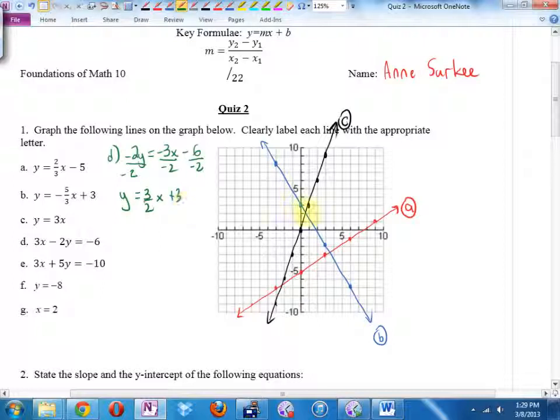This has a y-intercept of positive 3, and it goes up 3 over 2. It looks like this. We're starting to get crowded, sorry, but I was trying to save paper. That there is line D.